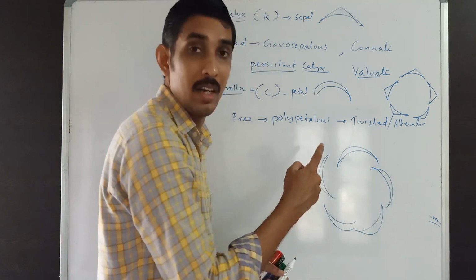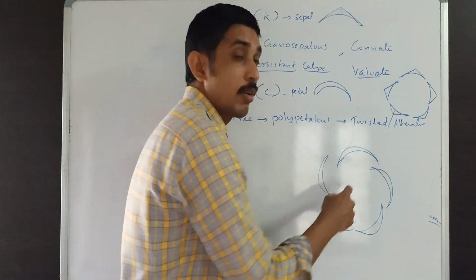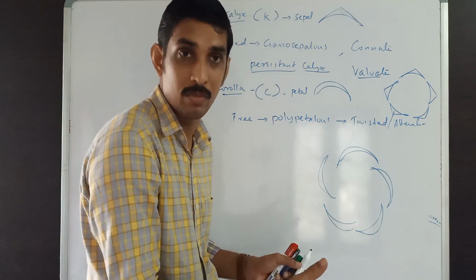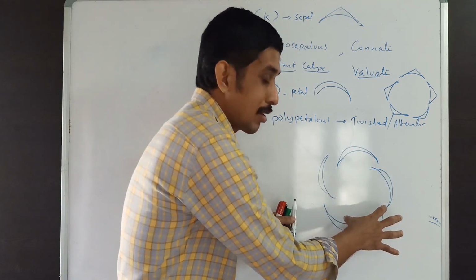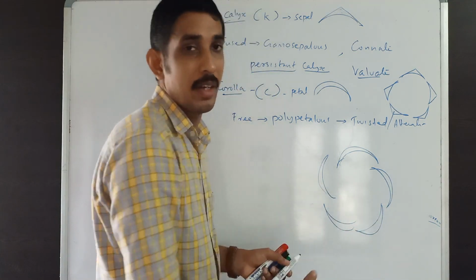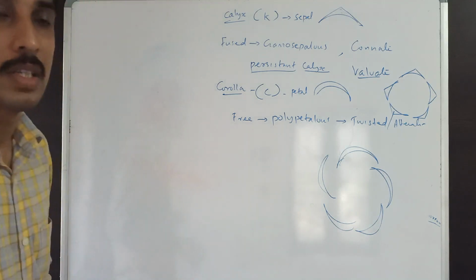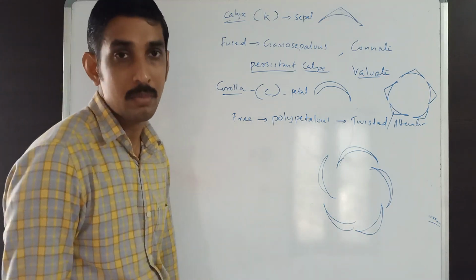If we take the 5 petals, one end of each petal is facing inside and one end of each petal is facing outside. Here I draw 5 petals. When we take any petal, you can see one end is out and one end is in. That is why it is called twisted or alternate aestivation.